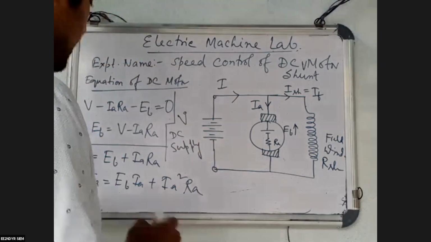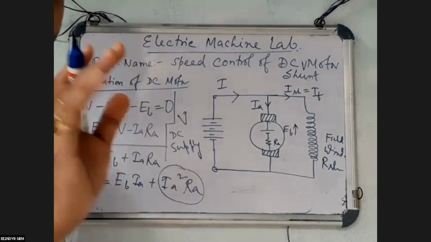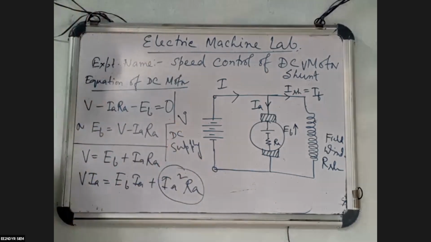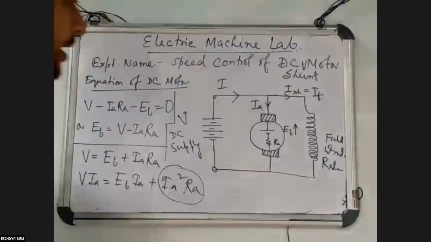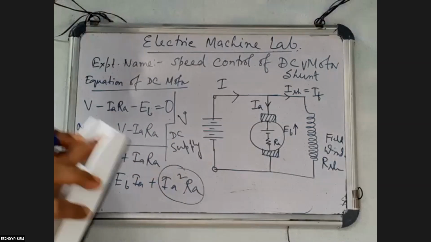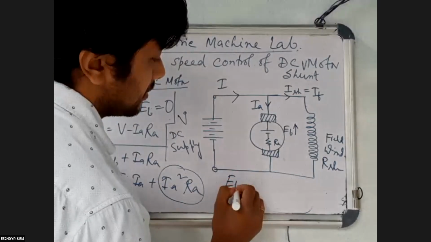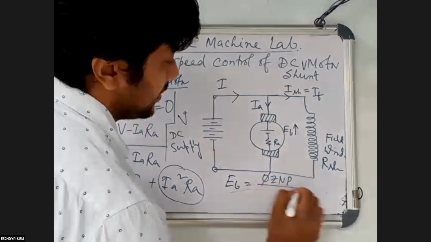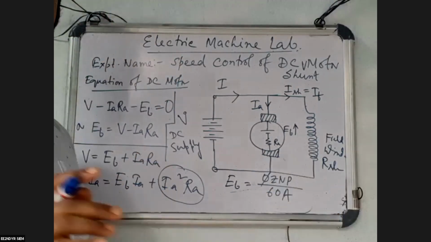Now, you see this particular phenomena, IA square RA is very, very less. Now, the formula of EB we have not entered in that particular syllabus. EB, I'm just writing here. EB equals to phi ZNP by 60A. This equation will form in the next class.